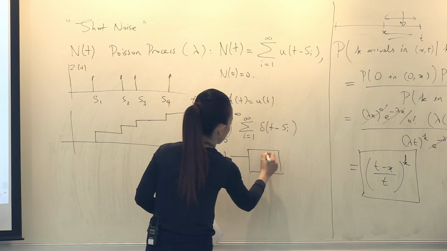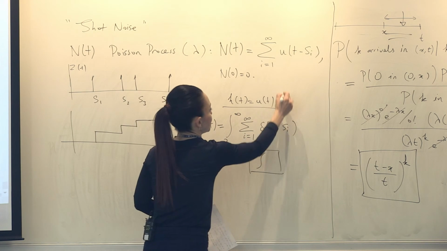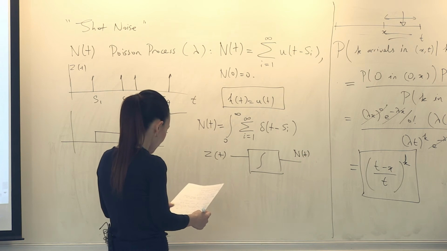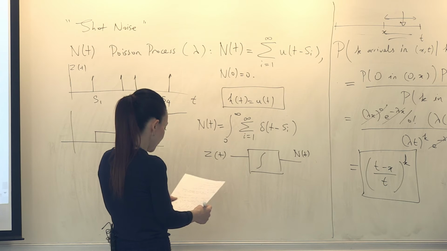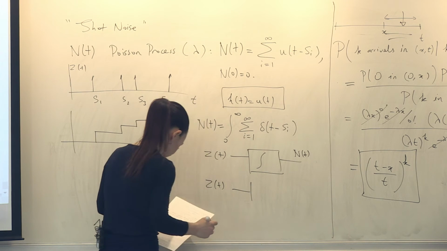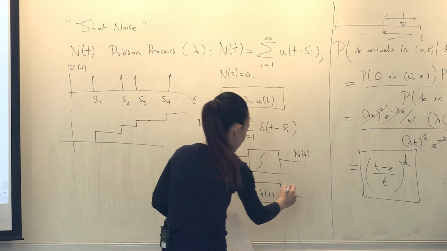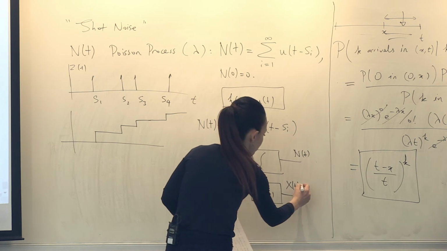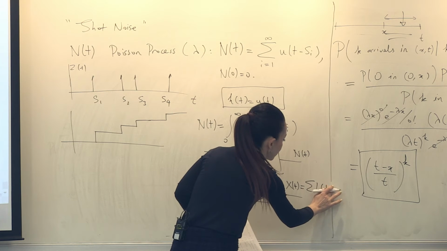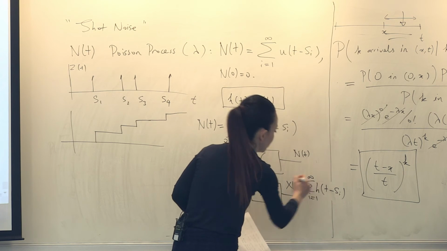The system is just an integrator, in other words, a filter whose impulse response is u of t, and the output is n of t. Now consider another filter, h of t. And that gives us the process x of t, which is the summation of h of t minus S_i, i from 1 to infinity.